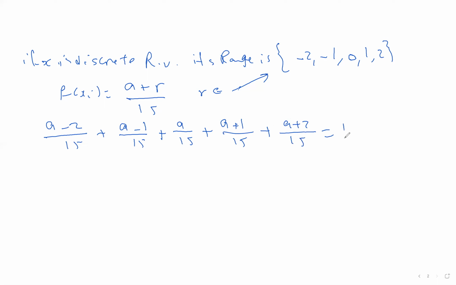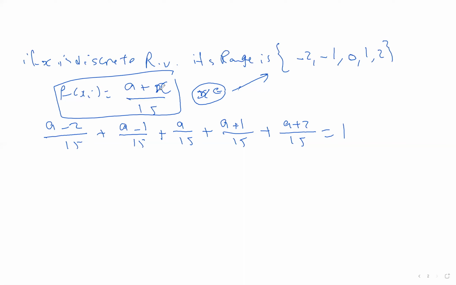All this must be 1. Again, this is a given function of the random variable, and the range of it is -2, -1, 0, 1, and 2. And r is each element in this range. To find the value of a, you have to know that the sum of the probabilities satisfied by this equation will be 1.